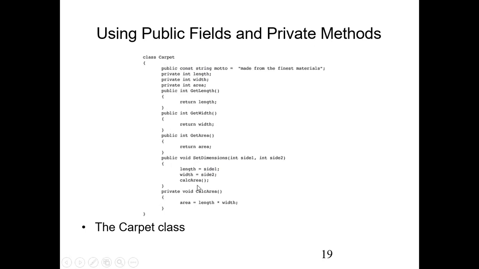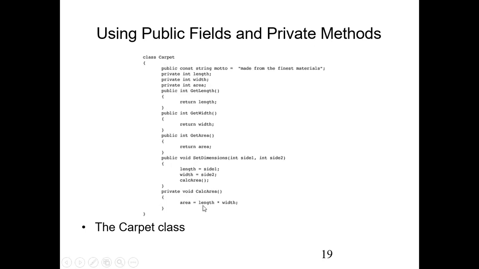side 2 to width, and then we can invoke the method to calculate area, and the method to calculate area is here, which simply multiplies length times width and stores it in area. In this case, this method is not returning anything. Take note that this method is not returning anything, even though it has calculated something.